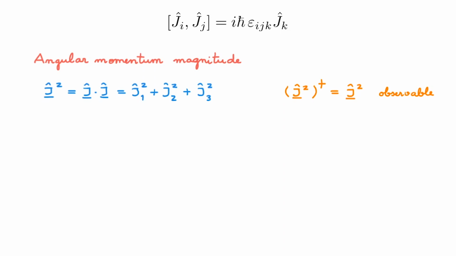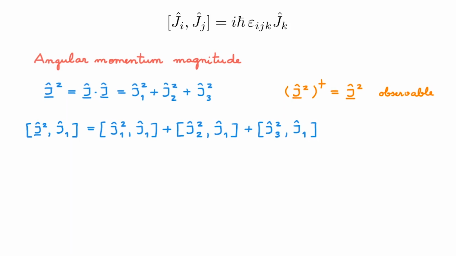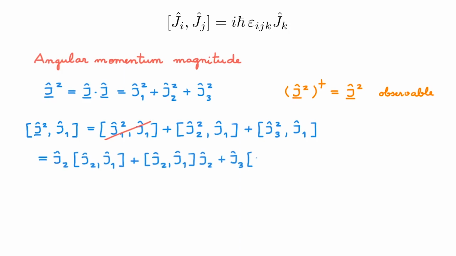But today, let's simply calculate its commutator with J1. We get these 3 commutators by using the definition of J squared. The first one trivially vanishes because J1 commutes with itself, and for the other 2, we can expand it in the usual way to obtain these 4 terms.